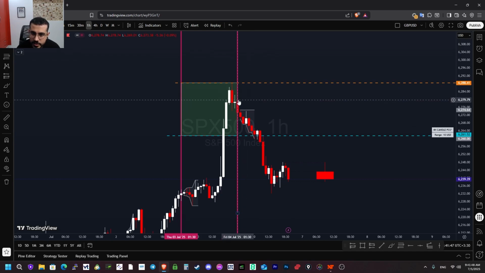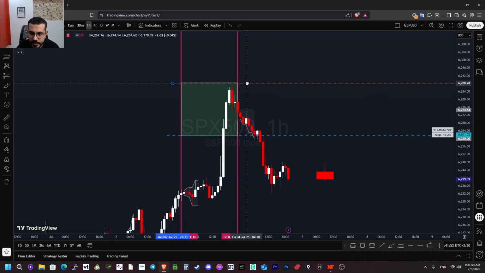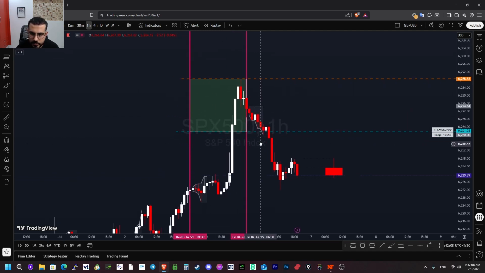This line, which is the highest price of this area, is called value area high. It means it's the highest edge of the price of value area. And this line on the lowest edge, the lowest price of the green area here, is called value area low.